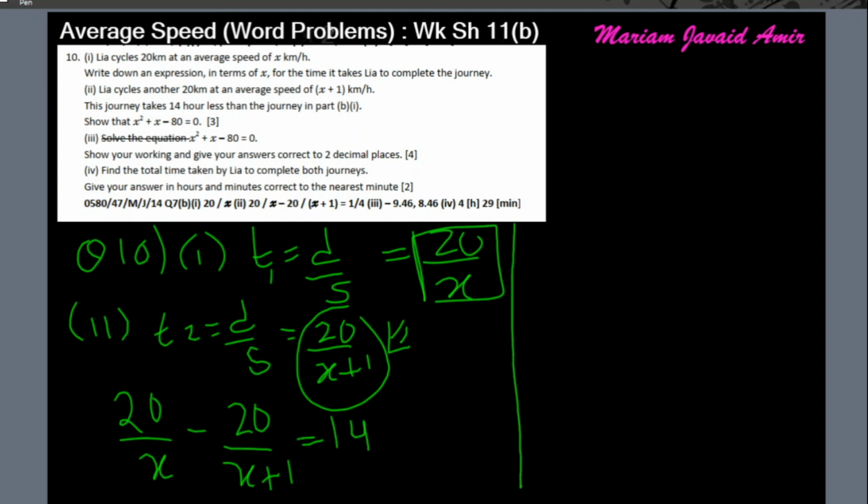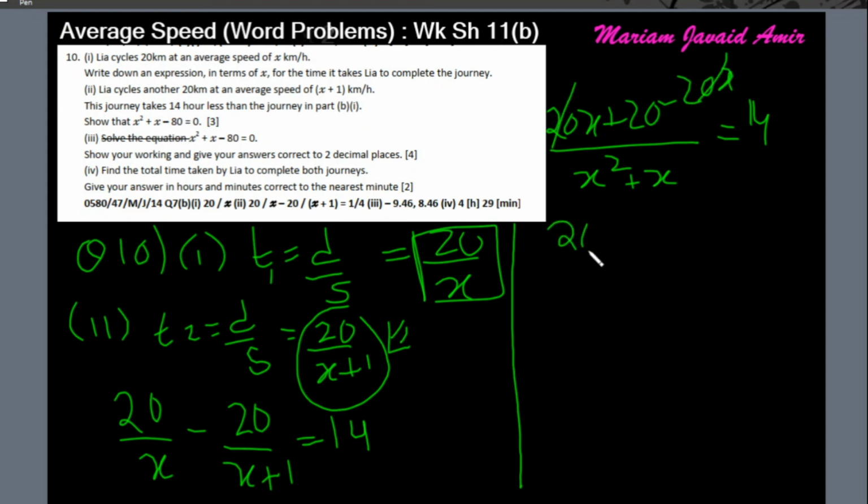Take LCM, cross multiply. LCM is x square plus x. Numerator becomes 20x plus 20 minus 20x. This gets cancelled. We get 20 equals 14 x square plus 14, which gives us 0 equals 14 x square plus 14 minus 20.